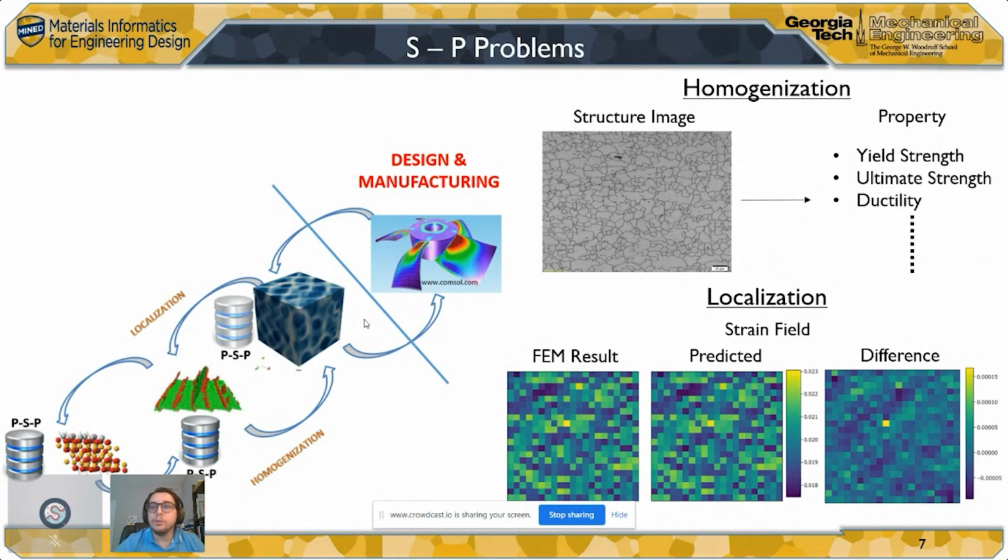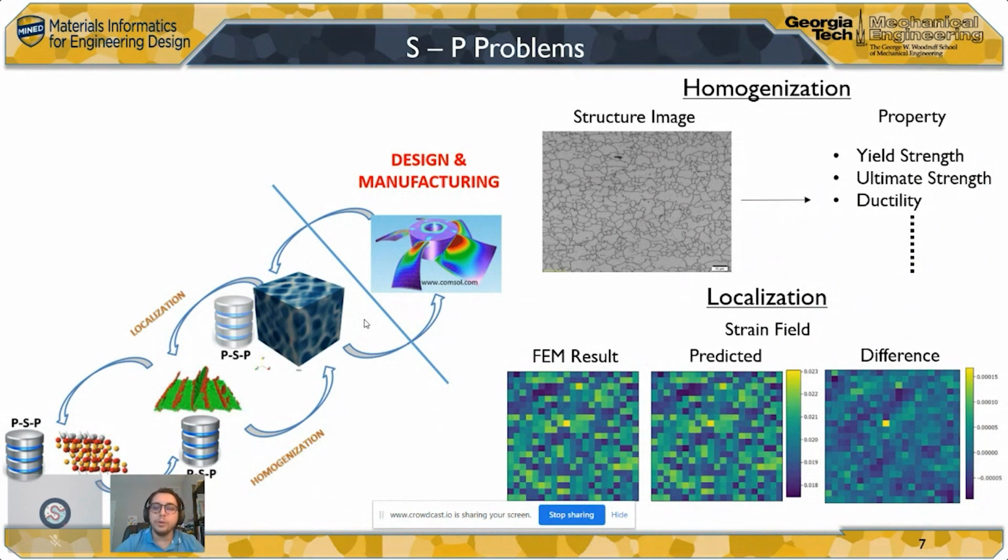A simple example of homogenization is, from a smaller length scale, given a microstructure image, like from SEM or TEM, or it can be a simulation as well, we try to predict the bulk property, which might be yield strength, UTS, or a thermal property, any property of interest. Localization is the reverse.